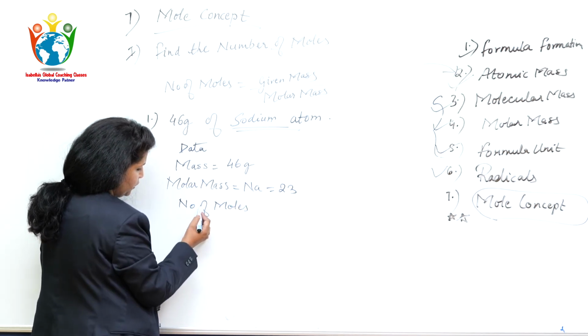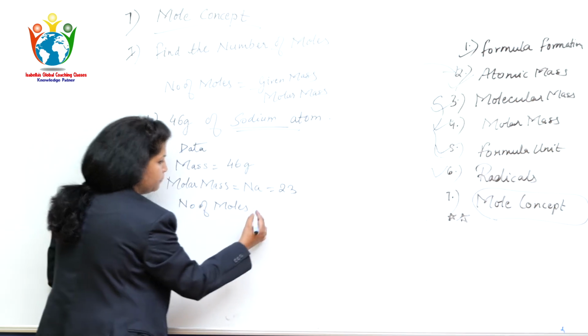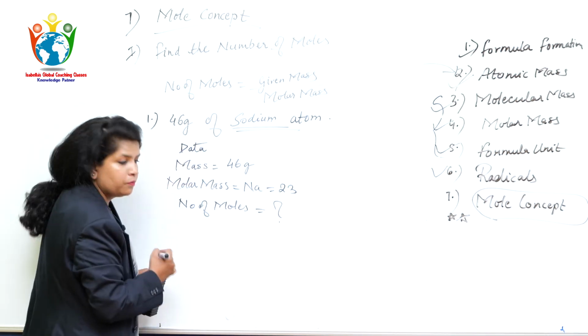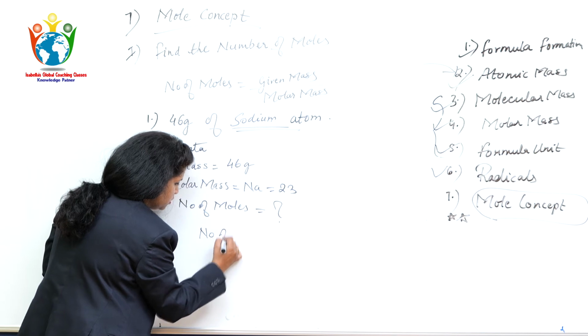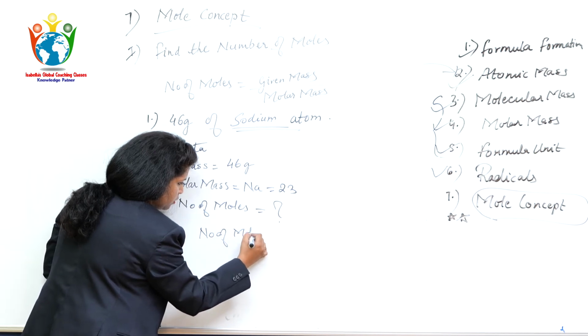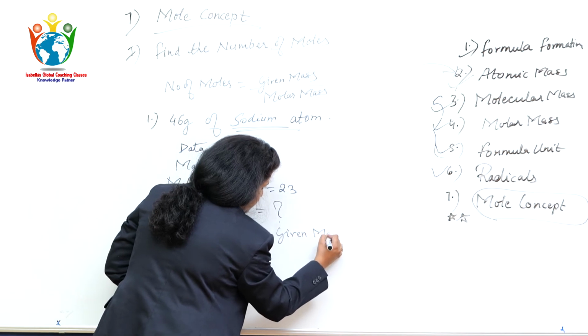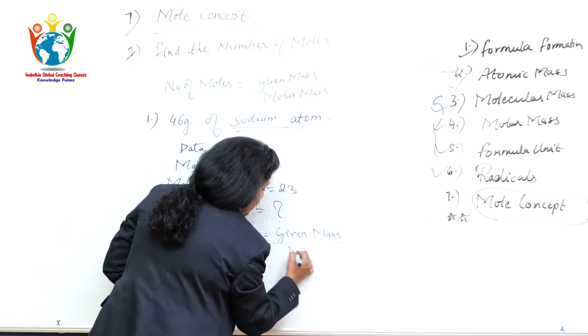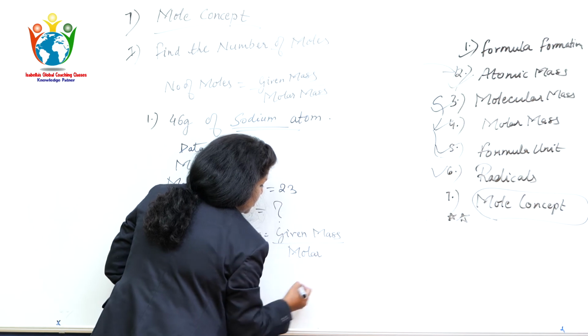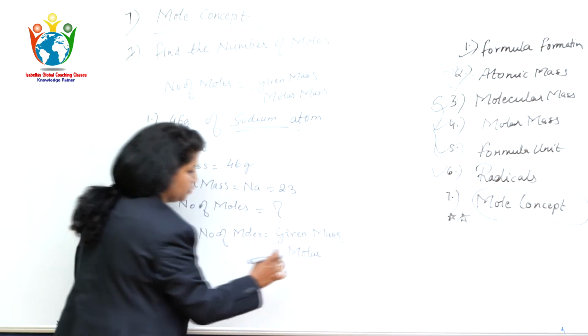Now we can write down the formula and we have to find the number of moles. See children, please do not get confused, this is my n, question mark. So number of moles is equal to given mass upon molar mass. State board students of Maharashtra can write molecular mass also.